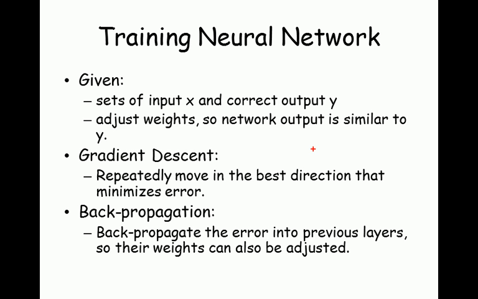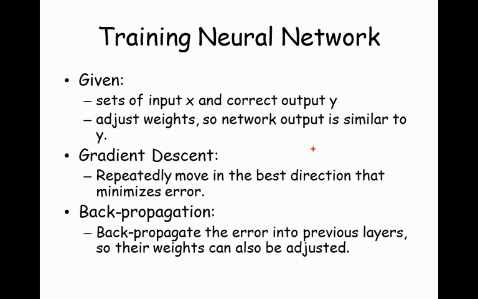So how do we train the neural network? Training the neural network involves finding the weights into the neuron units. Everything else was provided, the inputs, the numbers that feed into the network. So the only thing that the network needs to adjust are the weights so that it gives the correct output.